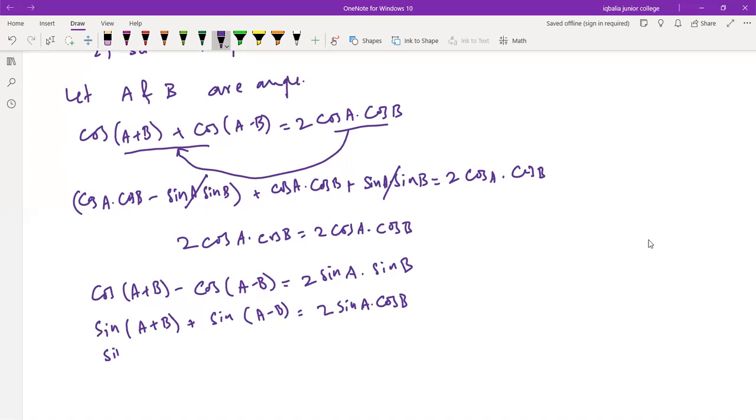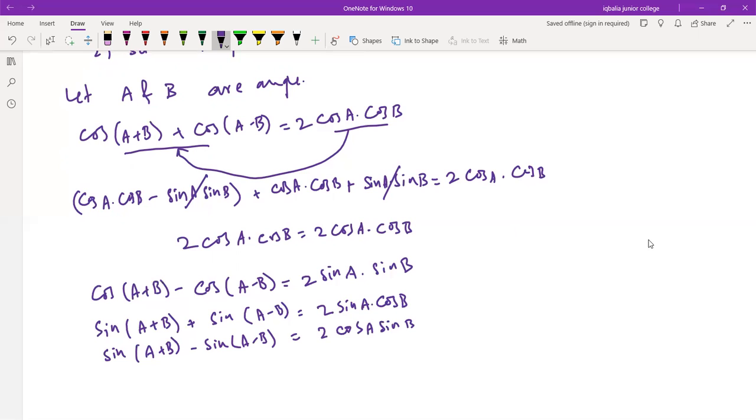And when you have sin(a+b) minus sin(a-b), then you will have 2 cos a sin b.